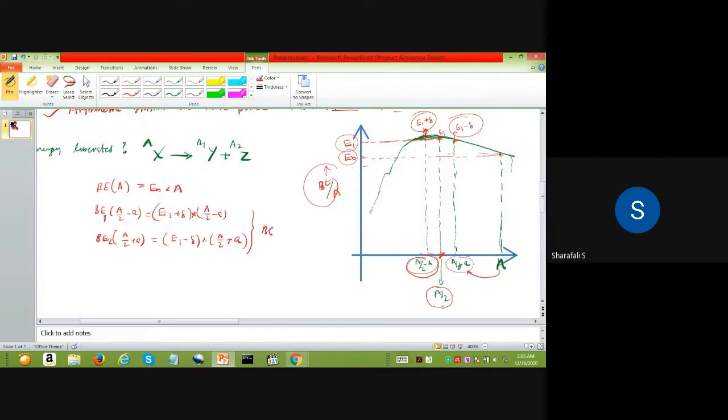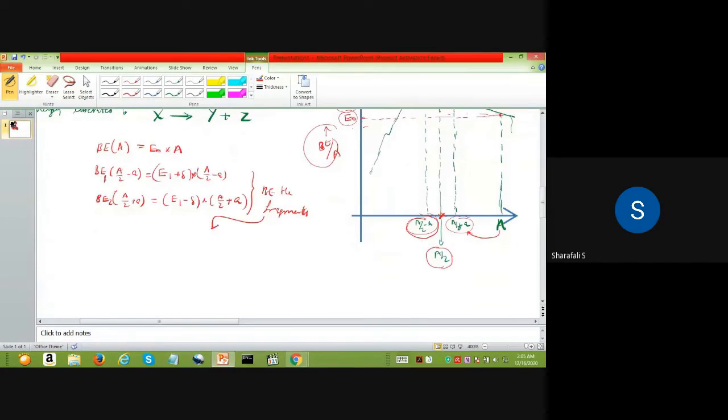So these are the binding energies of the fragments or daughter nuclei. If you consider these two, the binding energy of the fragments will be nothing but E1 plus delta into A by 2 minus A, plus the second one, E1 minus delta times A by 2 plus A. This is the total binding energy of those fragments or the daughter nuclei.